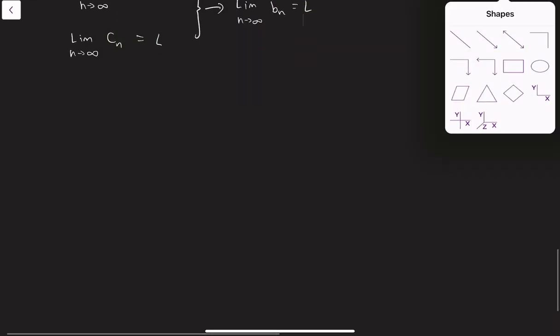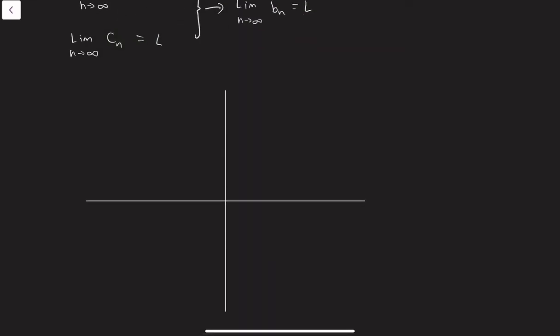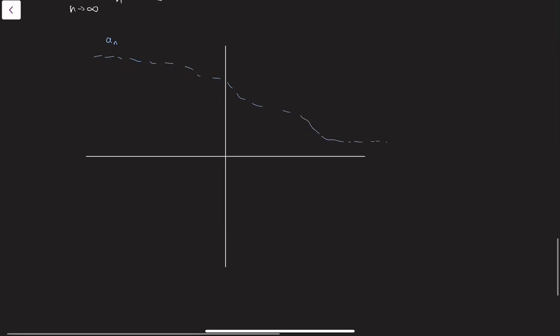Let's show you graphically what this means. Let's say we have a_n, it's going to be blue. It's going to be like this. We have this function, it goes on and on and approaches this value here. And we have this function, let this one be c_n, and c_n approaches the same value that a_n does over time.